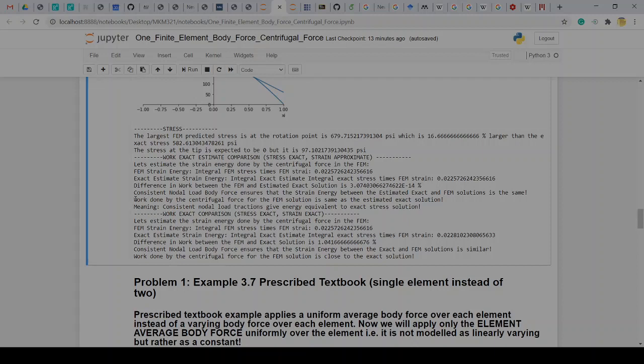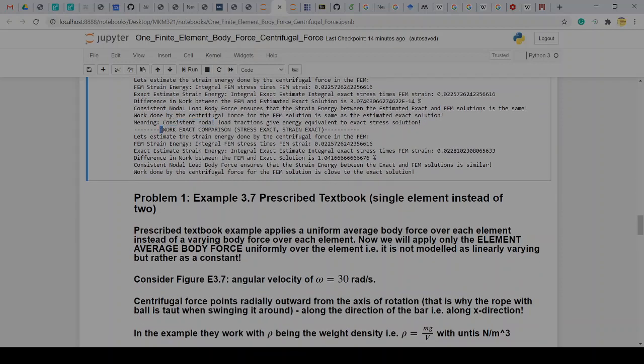So the work done by the centrifugal force is the same as the estimated exact solution. The energies are at least equivalent and relatable. This is what consistent node loads give you: overall, the structure sees the same strain energies as the estimated exact solution.